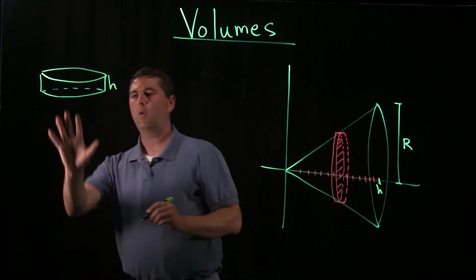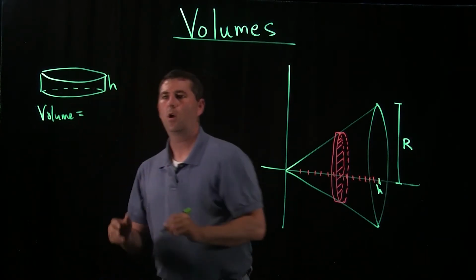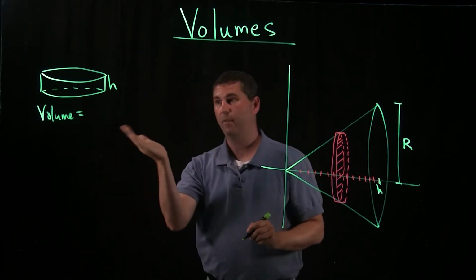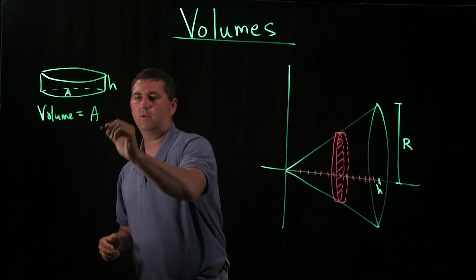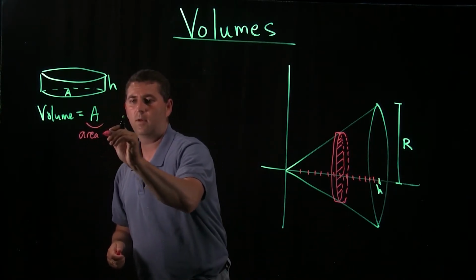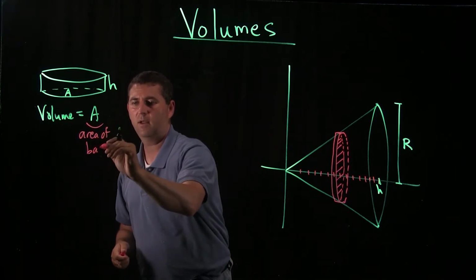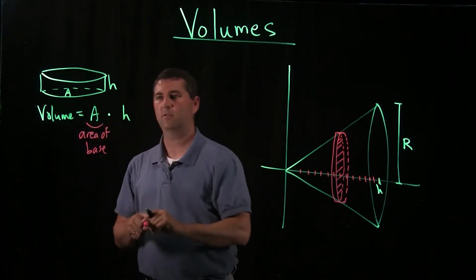And if I want to compute the volume, all I need to do is take the area of the base. So let's call that A, the area of the base, and I multiply it by the height. So times h. So that's the height.